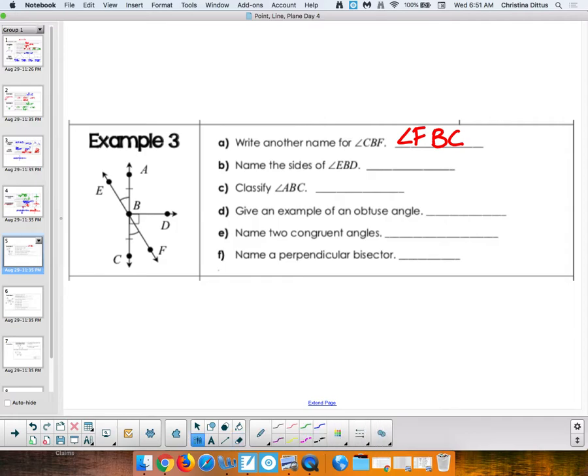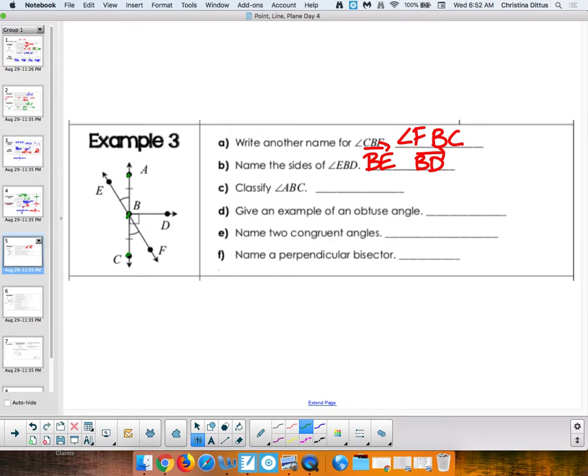Name the sides of angle E. Here's E, B, D. My sides, starting at my vertex, BE, so ray BE, and then starting at my vertex, ray BD. Classify angle ABC.